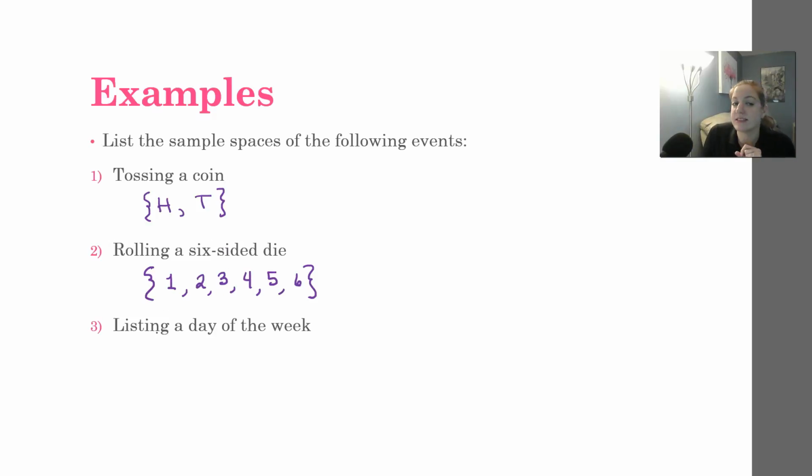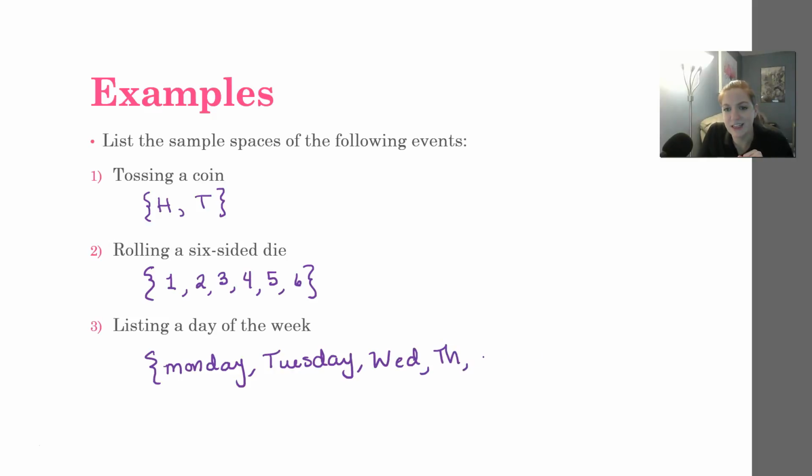How about something else? Let's say you're listing off a day of the week. What could you possibly list? Start with those braces to indicate that it's a set and just list the days of the week. Monday, Tuesday, and we should probably capitalize those, but we're going to abbreviate it because this is going to take too long.